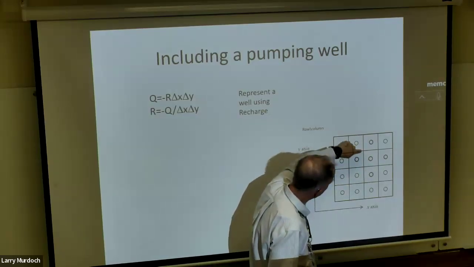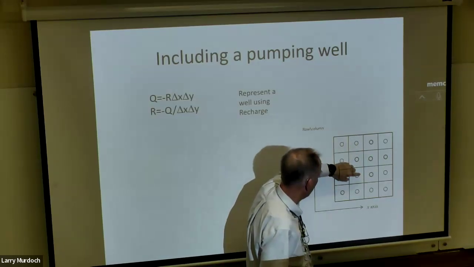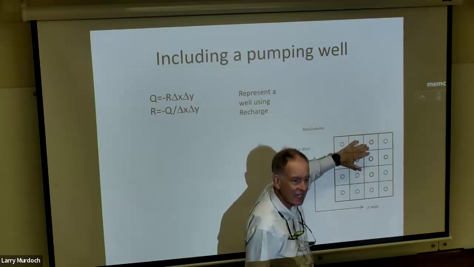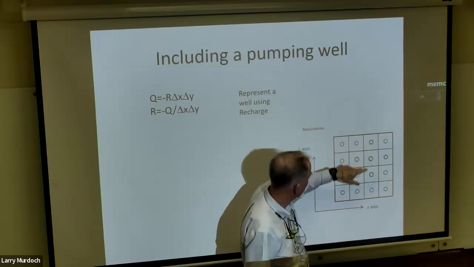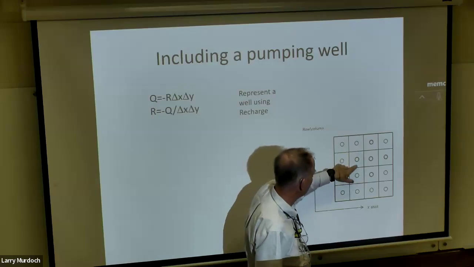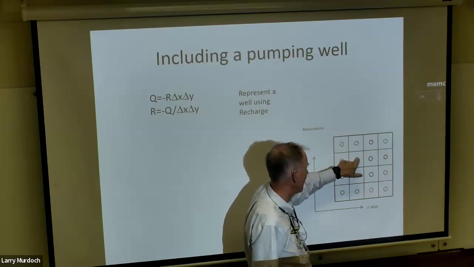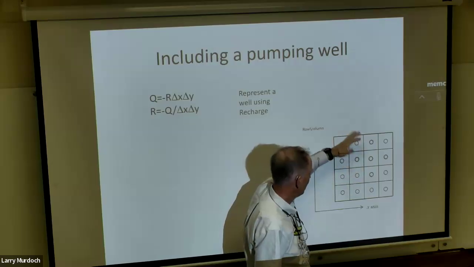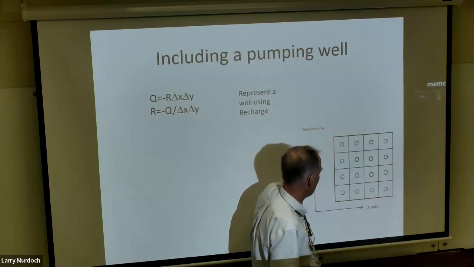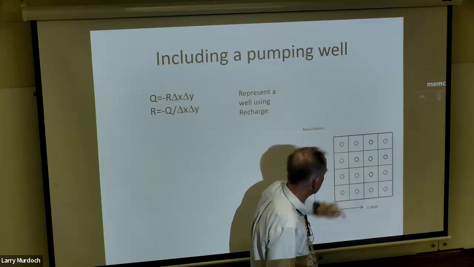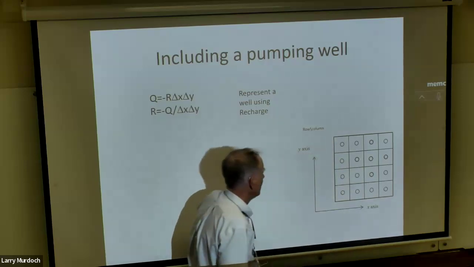But conceptually, what's happening is that inside that grid block, we don't really see any details. We're just assuming that the head inside that grid block can be represented by the head at that point. And we're kind of averaging out all of the variation inside of that block.